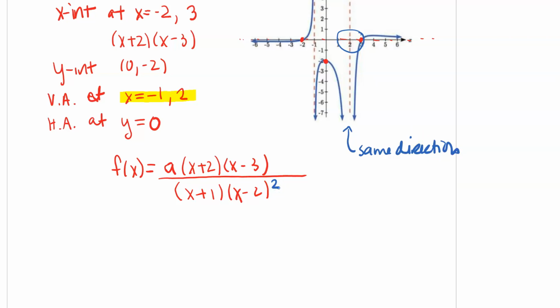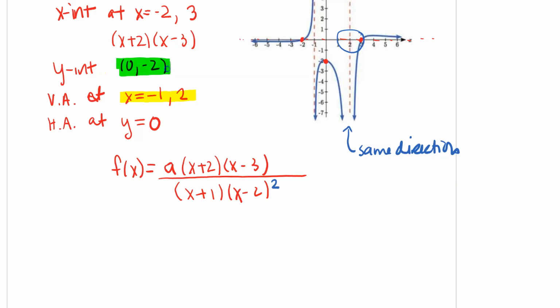Just from our x-intercepts and our vertical asymptotes, we can figure out the rational function's numerator and denominator. Now we have to add in more information in order to find the a value. For that, we are going to use the y-intercept.